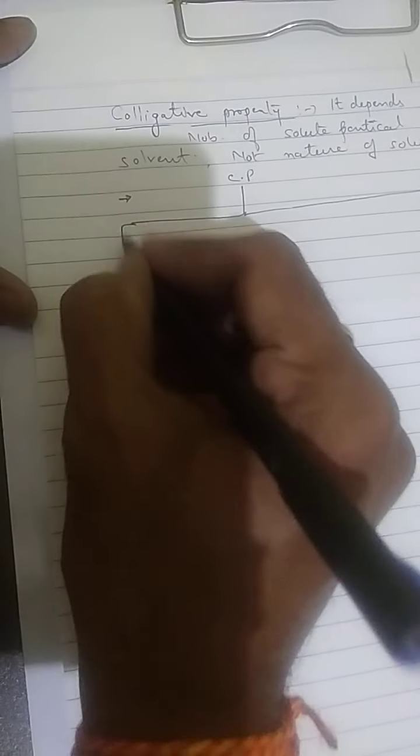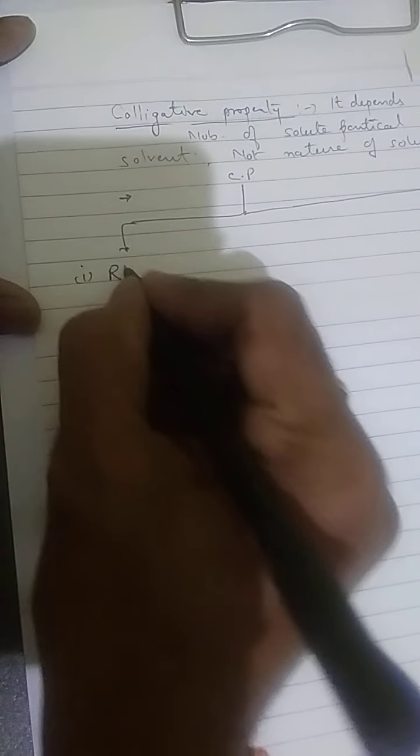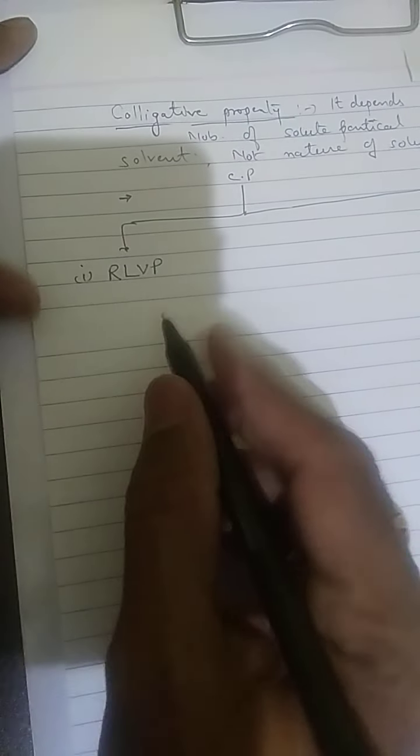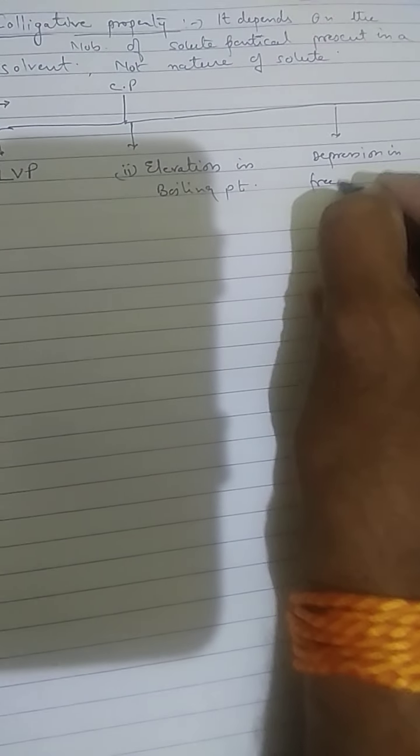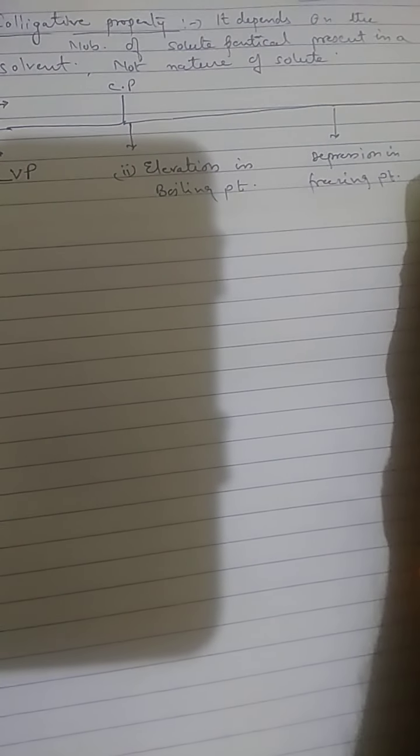Colligative property is classified into first, relative lowering of vapor pressure, and then second one is elevation in boiling point, then third, depression in freezing point, and fourth, osmotic pressure.